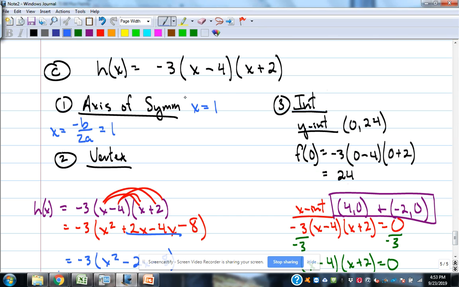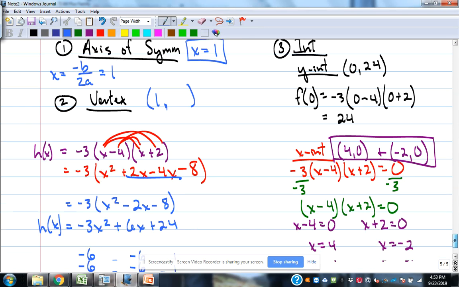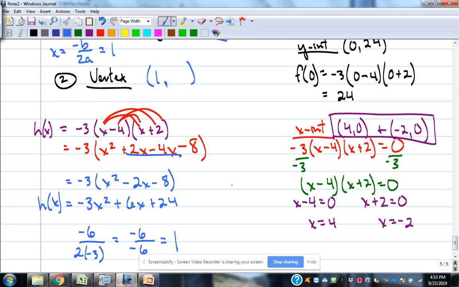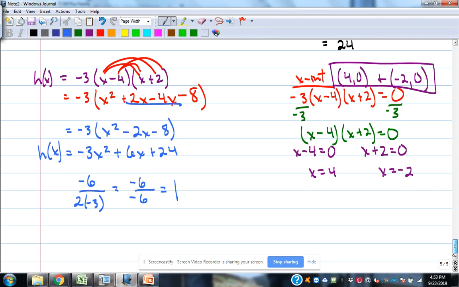So x equals 1 is my axis of symmetry. Now, I know the x value of my vertex will be 1. I just need to find the y value of my vertex. So I'm plugging in 1 in the place of x in that problem.